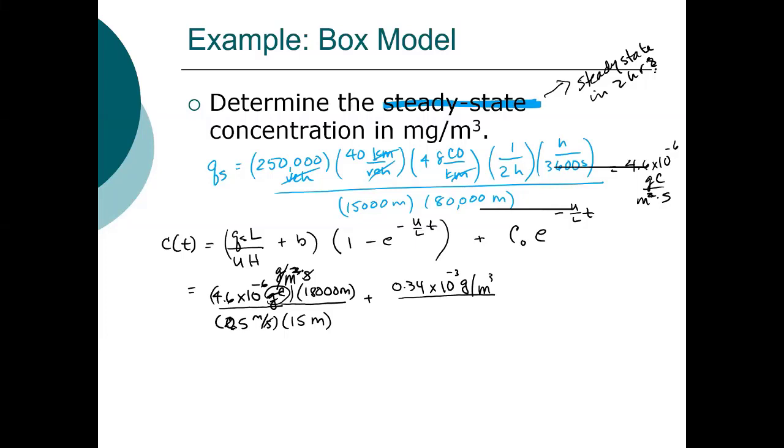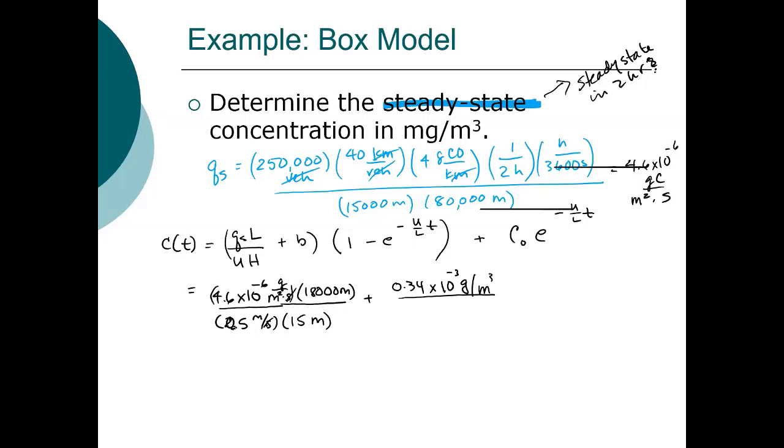I'm going to erase this and start over and write it again. So what happens when I don't have notes written properly? And I apologize. So this is in units of grams per meter squared per second. It's grams per second over the area. This then is grams per meter squared per second.